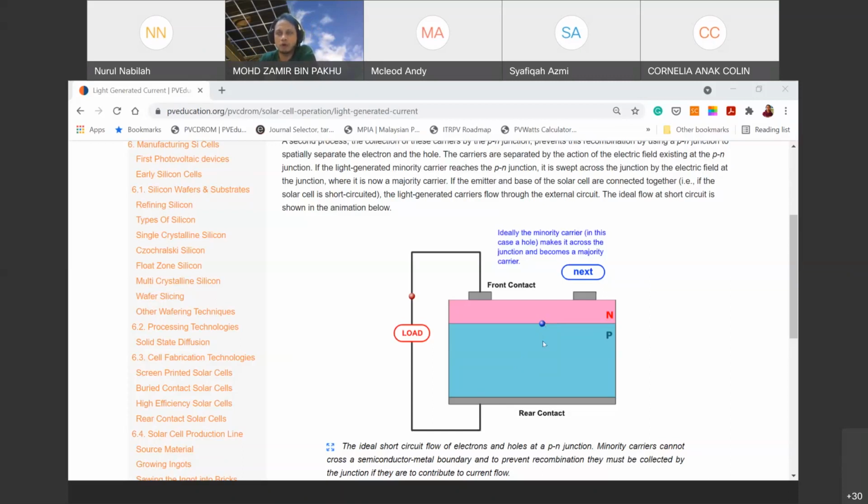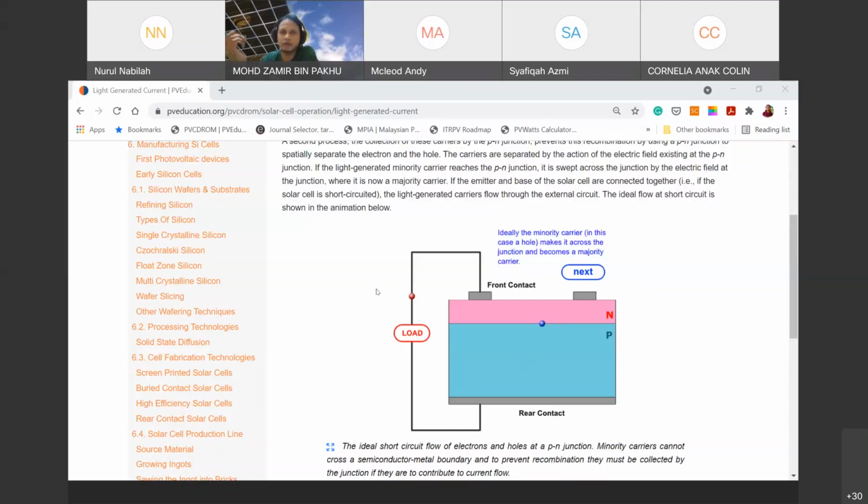So the moment the hole crosses the junction and survives in p-type, crosses to p-type, now the hole becomes a majority carrier. So the moment the hole becomes majority carrier, the challenge is no longer a big deal, because it is now sitting within the p side region, where the region is filled with so many holes.